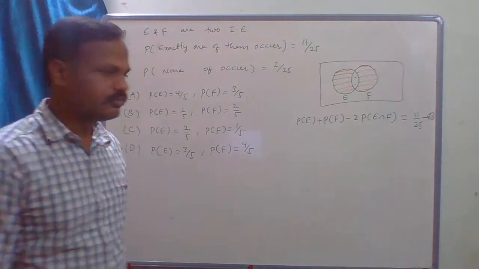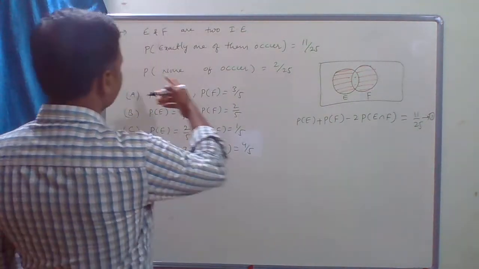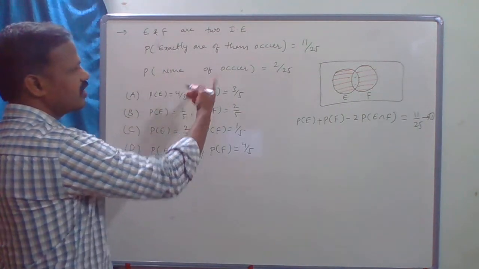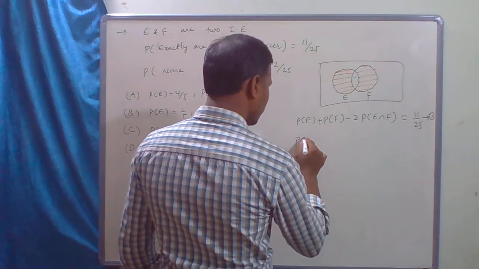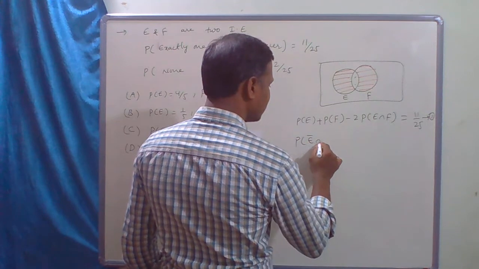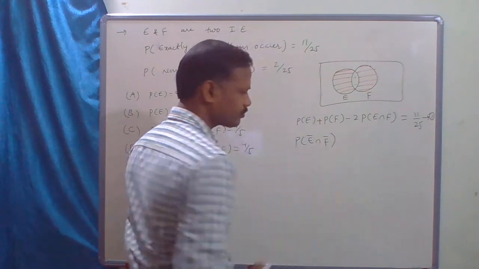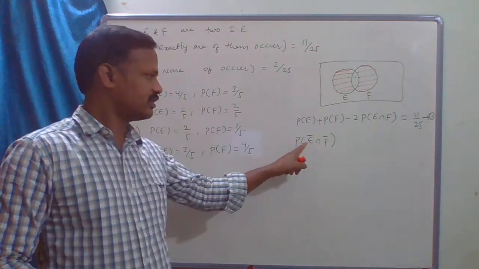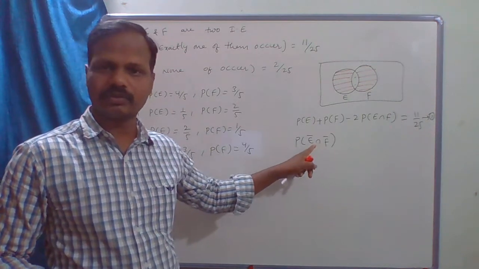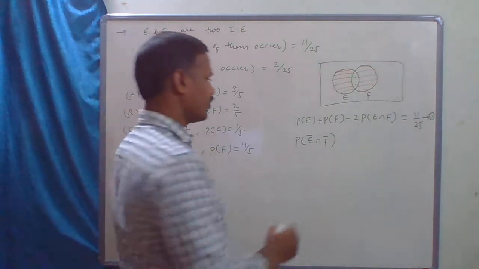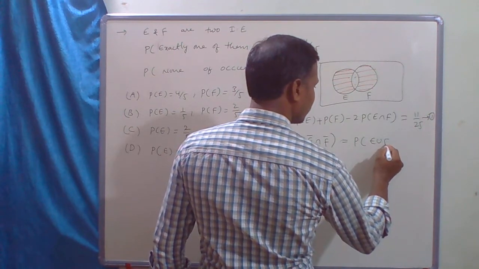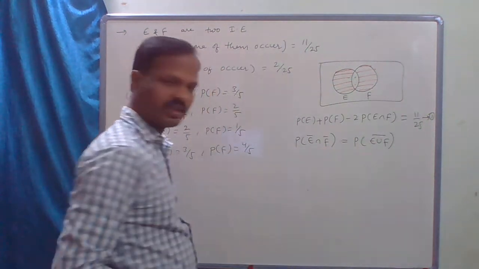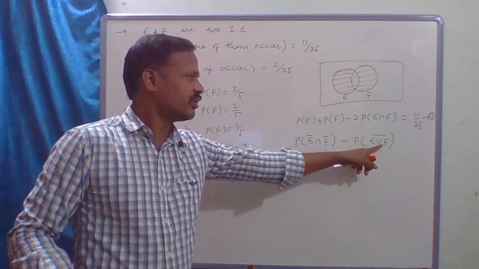Fine. Now second, probability of none of them occurring. So probability of none of them occurring means probability of E dash intersection F dash. E does not happen, F does not happen. Both should not happen. Fine. So this can be written as probability of E union F bar.